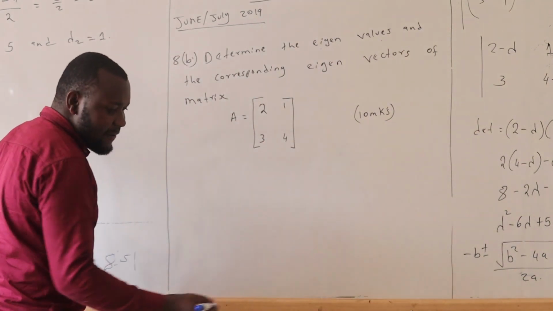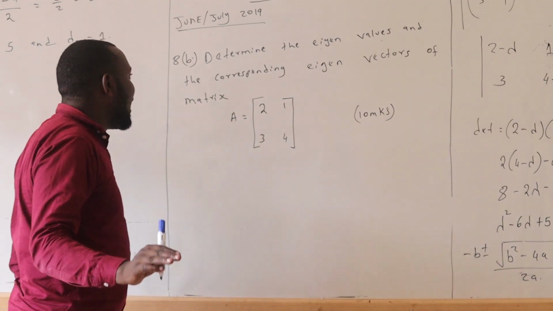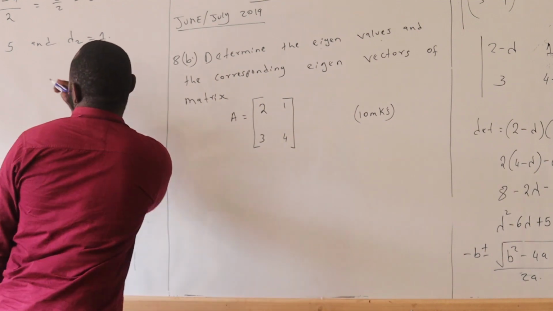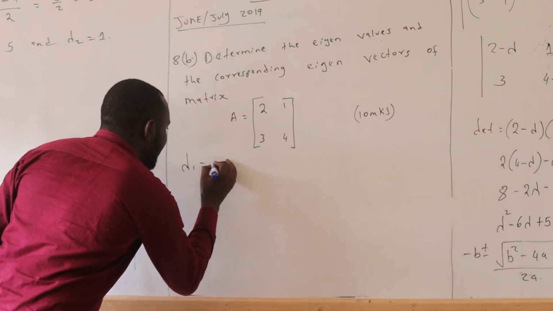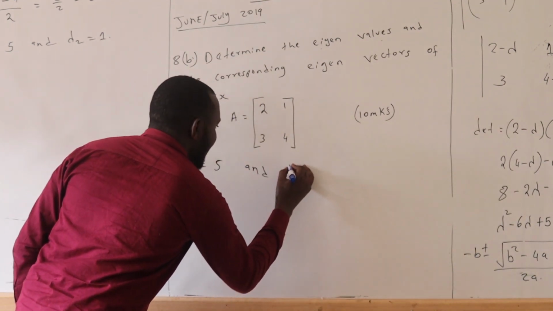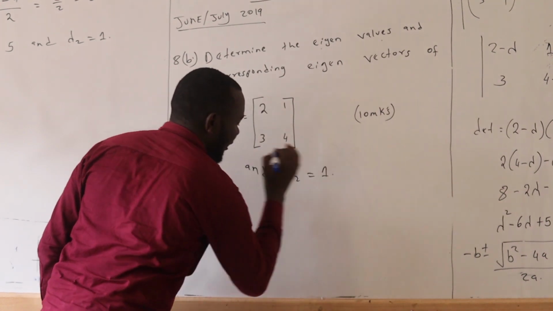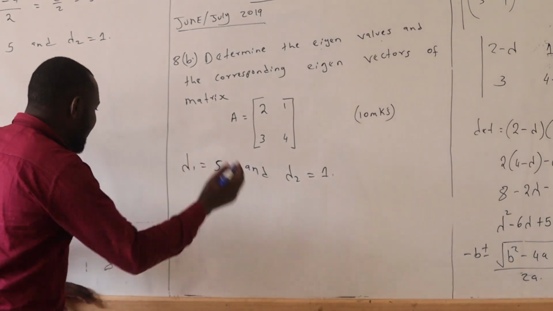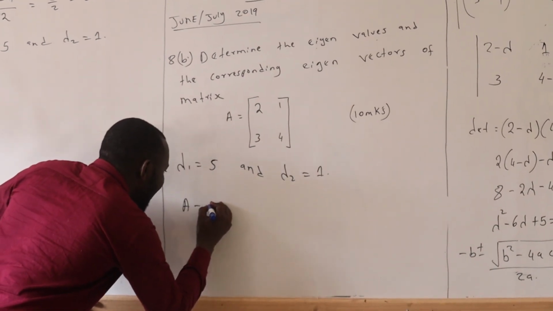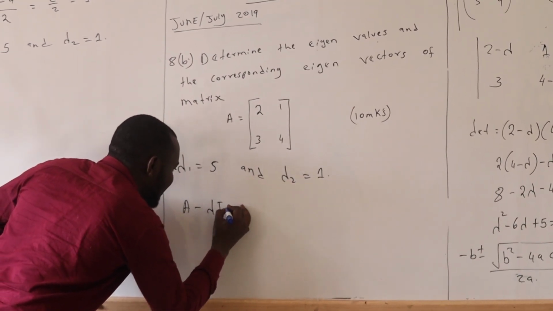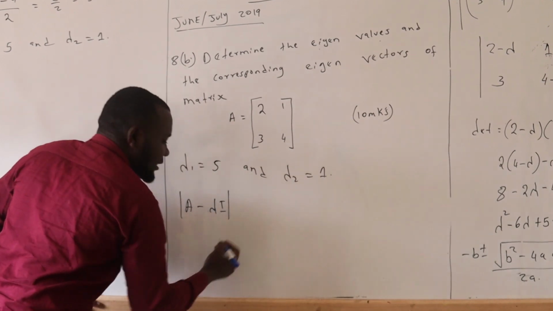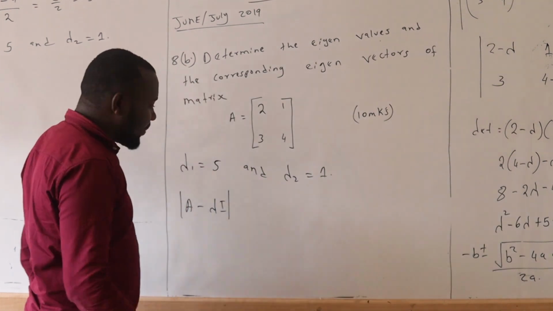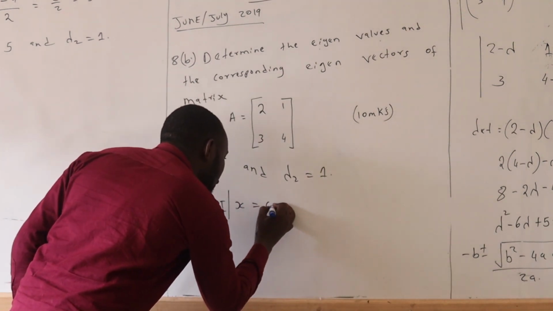eigenvectors. We have calculated the eigenvalues: eigenvalue 1 is equal to 5 and eigenvalue 2 is equal to 1. The formula that we are going to use is just the same: the determinant of A minus lambda I, multiplied by x, is equal to 0.